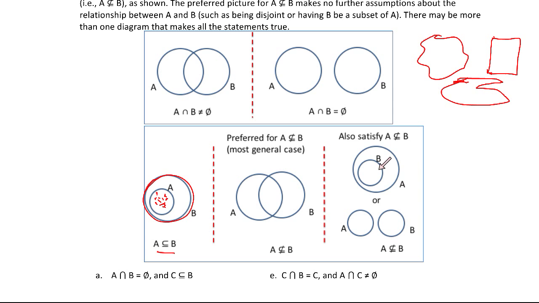In the first one, they also satisfy further that B is a subset of A, and in the second one, they also satisfy the further condition that the two sets are disjoint. And so each of these situations, although satisfying A is not a subset of B, has a further condition on it. And this is the one over here, the preferred picture for A not being a subset of B, where we don't have any additional conditions imposed upon the sets.